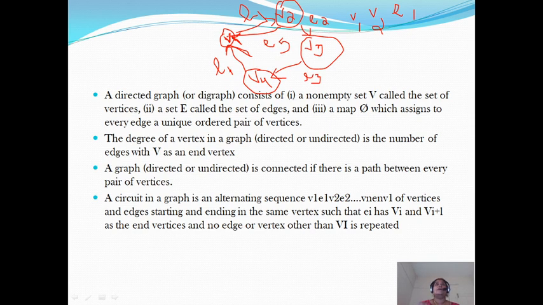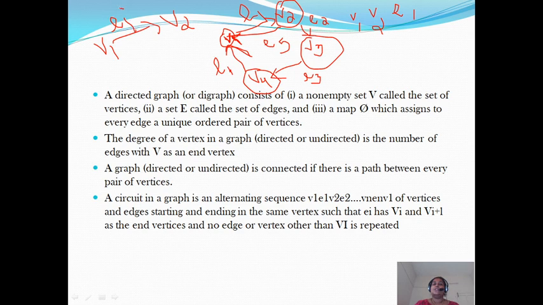If edges are coming to a vertex, that vertex is called the end vertex. Here, for V1 to V2, the edge is coming to V2, so the end vertex is V2. That is, the vertex an edge comes to is called the end vertex of that edge. For example, if there is a vertex V1 to V2, to be clear, I am drawing again E1.